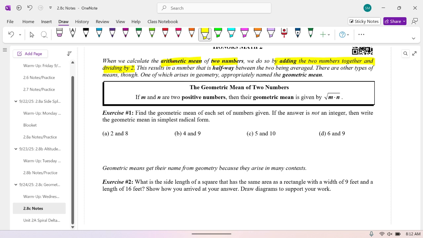That's what you're familiar with. This results in a number that's halfway between the two, but there are other types of means, and that's the geometric mean. Arithmetic means addition, geometric means multiplication.